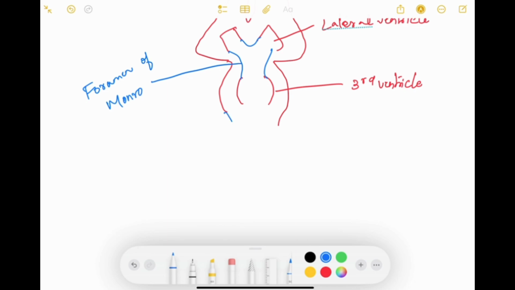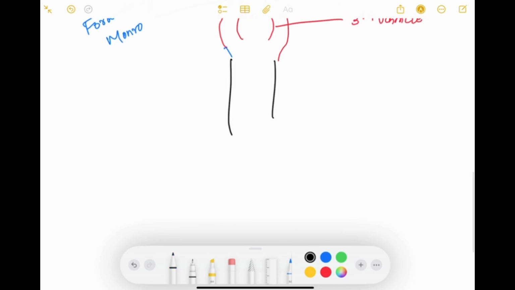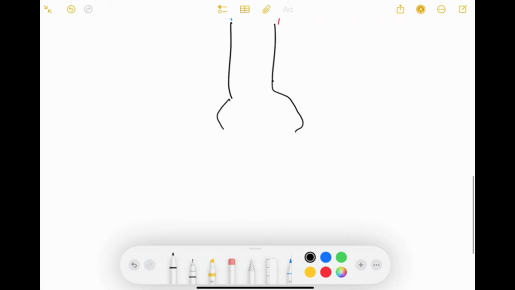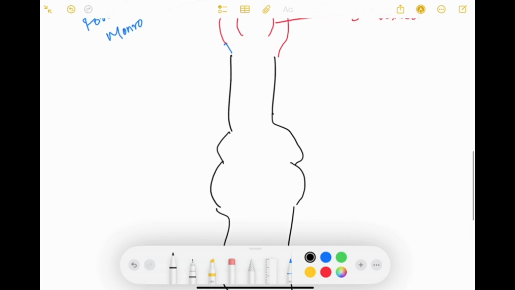Now what comes? Now comes the midbrain, and then comes the pons, then the medulla and the spinal cord. Here in the pons and medulla, we have our fourth ventricle. So this is the fourth ventricle.